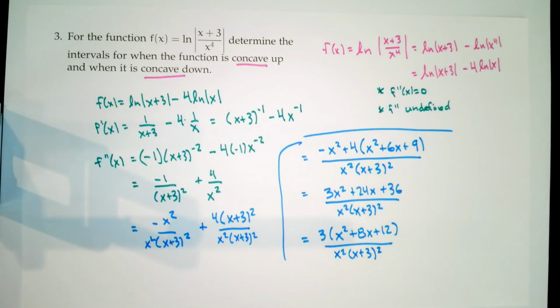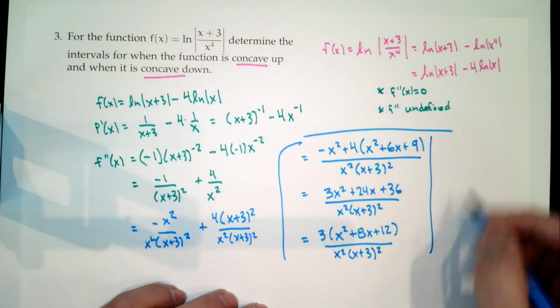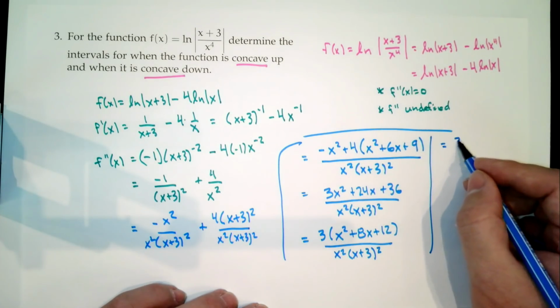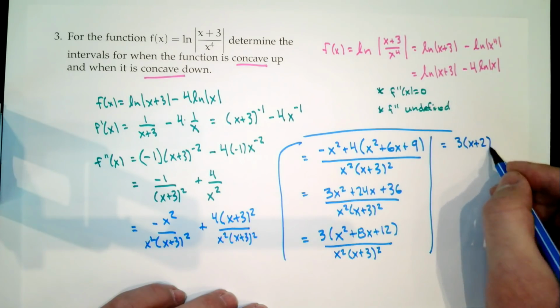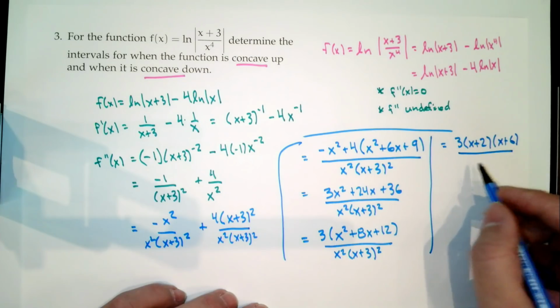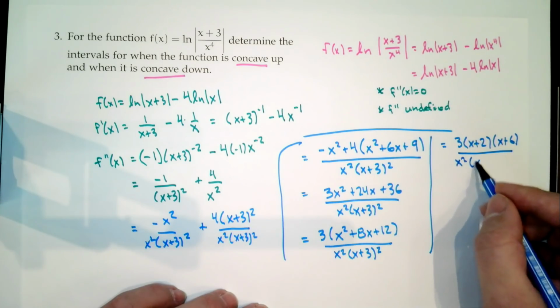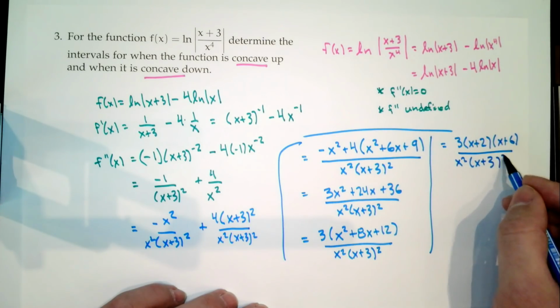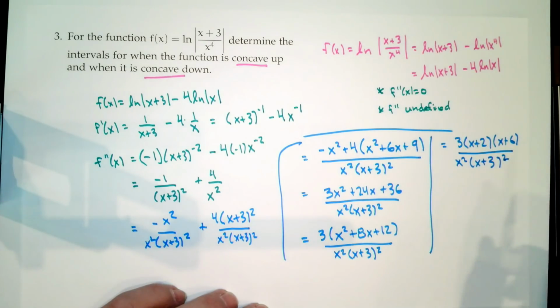Have we been lucky? It does factor. Wow, it's almost as if this class is going to leave us with an unreasonable belief that everything factors, because it's very unreasonable to believe that. But that's okay. We'll take it for now. Okay, so here we go. x plus 2 and x plus 6 on top, over x squared times x plus 3 squared.